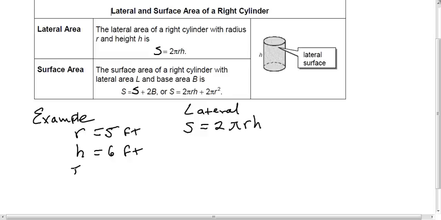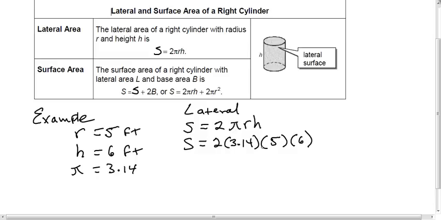So let's add pi, which is 3.14. Now all we have to do is substitute our variables. So S is going to equal 2 times 3.14 times a radius of 5, and I have a height of 6.